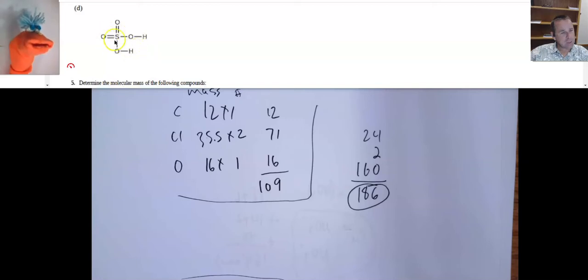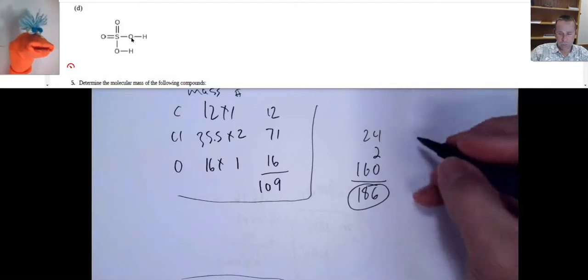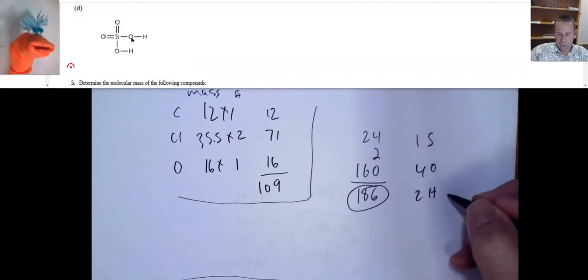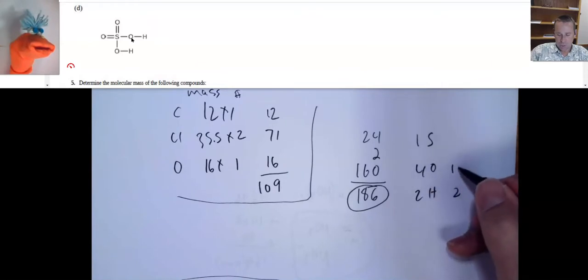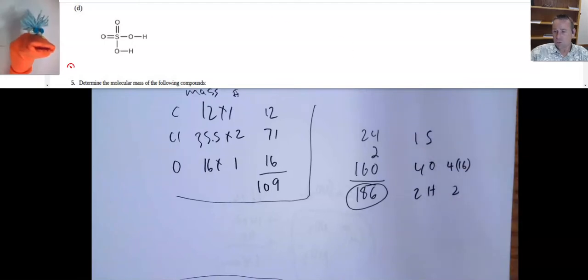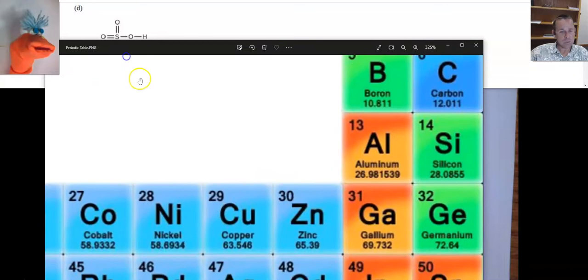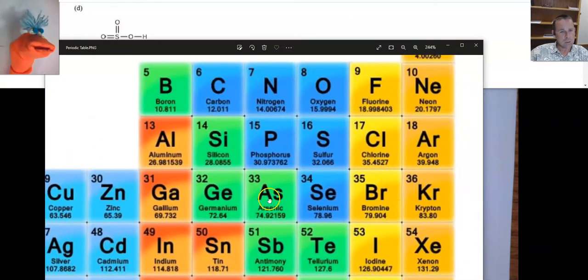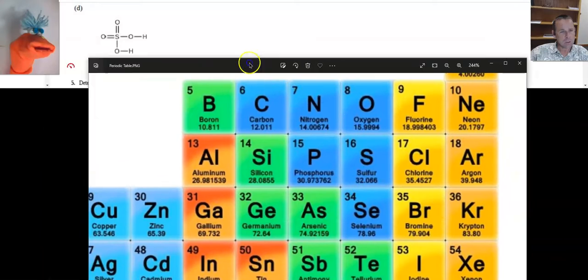All right. What do we got here? 1 sulfur, 4 oxygens, 2 hydrogens. That's 2, 4 times 16 here, right? And this is 1 sulfur. Sulfur is around 32. We can double check here. And there it is, 32.1.